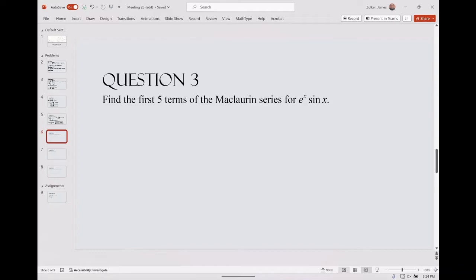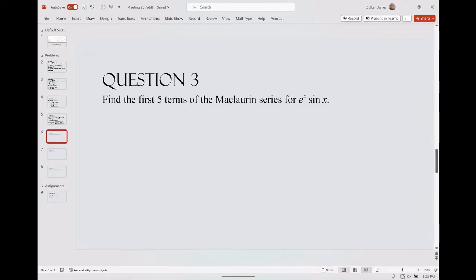Find the first 5 terms of the Maclaurin series for e to the x times sine of x. Does that mean we would have to find the Maclaurin series like we just did, then plug n in 5 times?